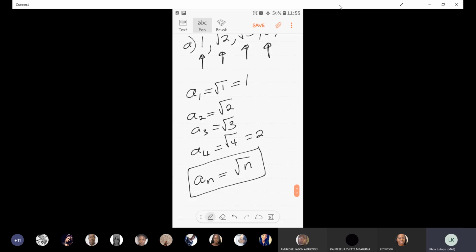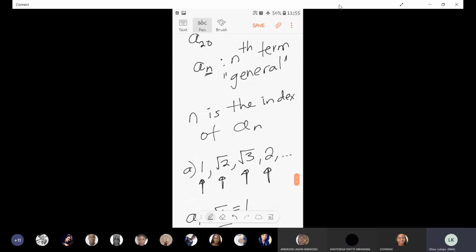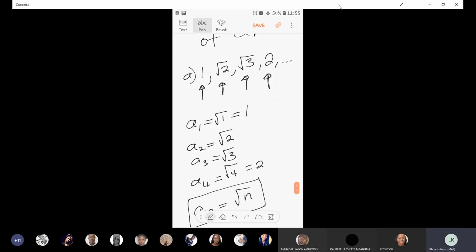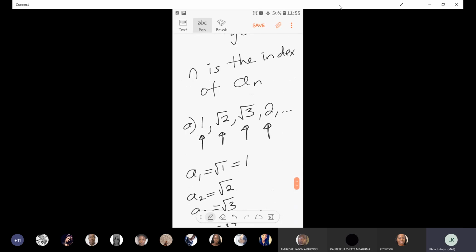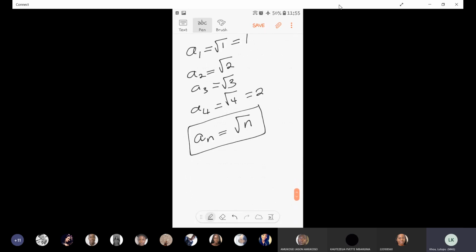So when I ask you what is the nth term in this sequence, 1, square root of 2, square root of 3, 2, the nth term is just the square root of n. Because if I ask you what is the 1000th term, a sub 1000, all you have to do is take the square root of 1000.